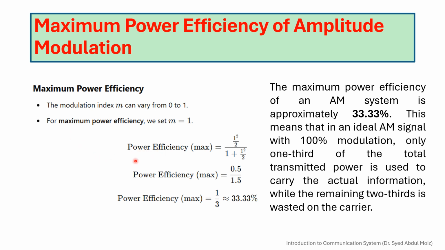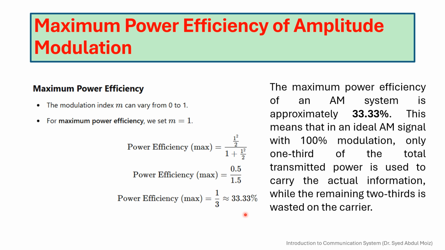When we incorporate this value, our power efficiency becomes (1/2) squared... that is, 0.5 divided by 1.5, which is equal to 1/3. It is 33.33%. The maximum power efficiency of an AM system is approximately 33.33%.